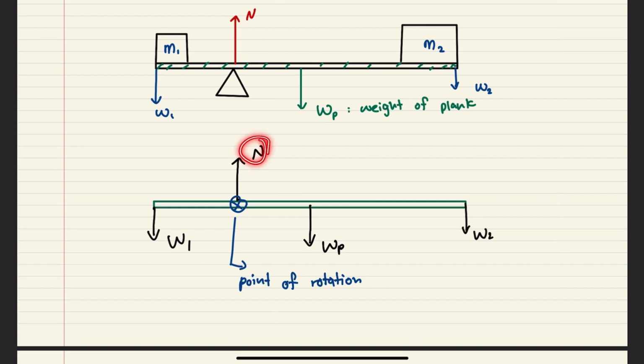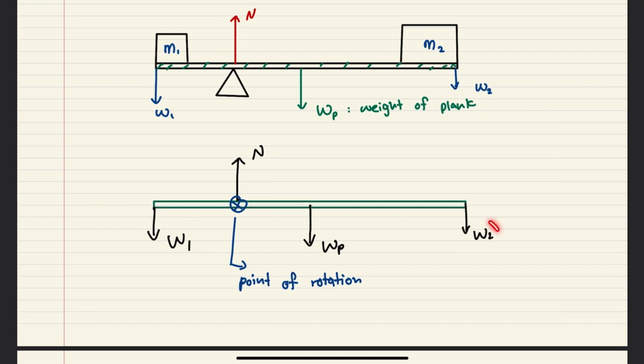If they give you N, but they didn't give you the mass of the plank, they want you to find the mass of the plank. So obviously you're going to put the unknowns somewhere else. Because you have values of N, you can put the point of rotation somewhere else. Normally we don't put it on the one that we want to find.